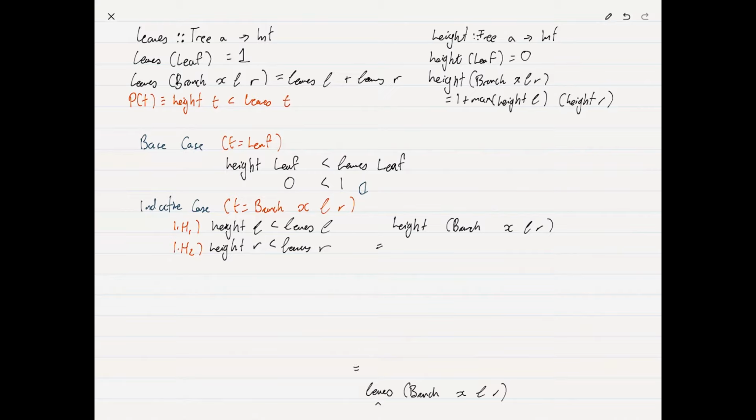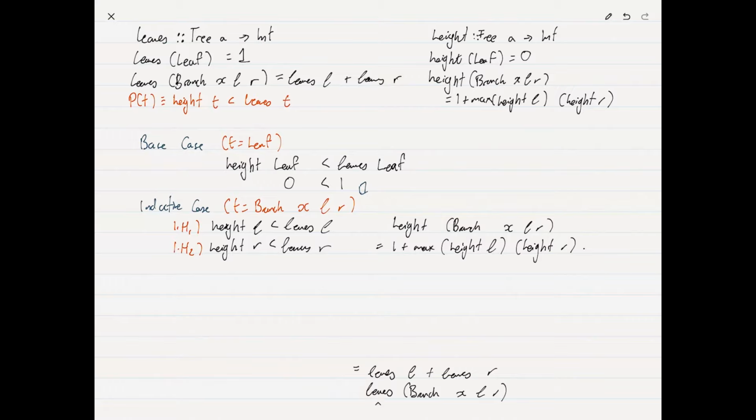So we get height of a branch is 1 plus the maximum of the height of L and the height of R. And leaves of branch x L R is leaves of L plus leaves of R. So now we need to show that this top part is less than the bottom part.